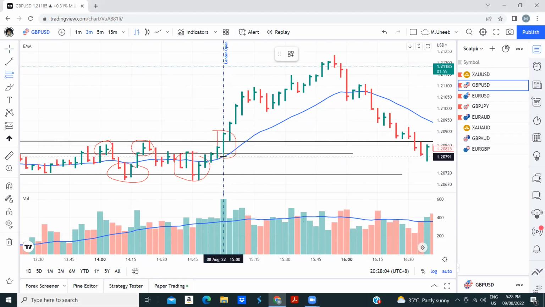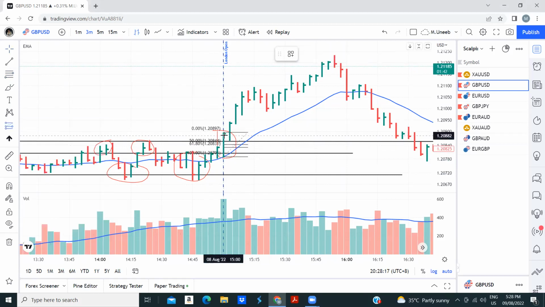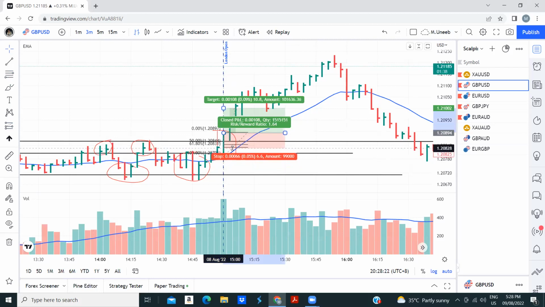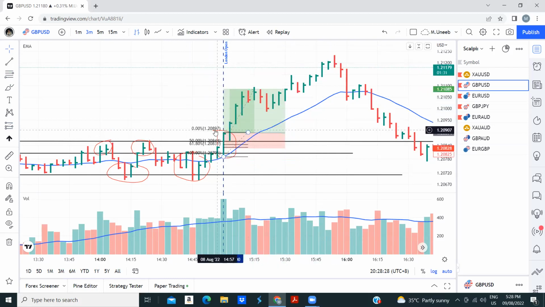So we take this from here to here. We take a 50% retracement, which is this one. We put a stop loss just over here, below this one. So yes, long position, our entry should be here. Stop loss should be just below this one. And then we take this trade. 2R done for the day. Finish.